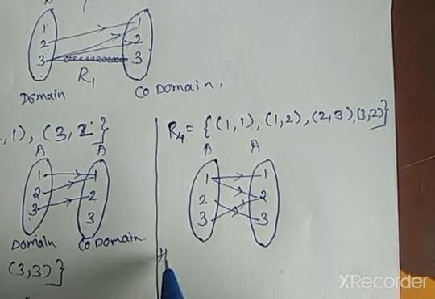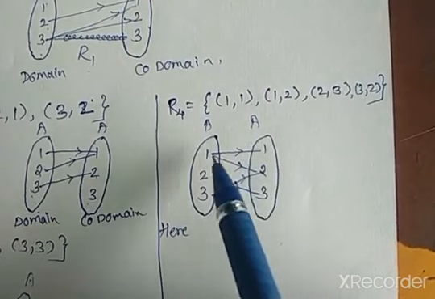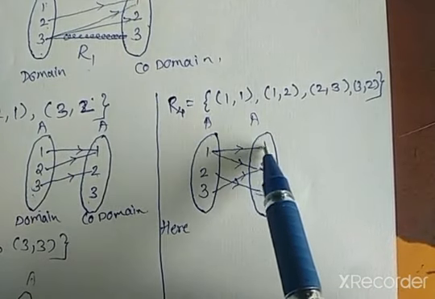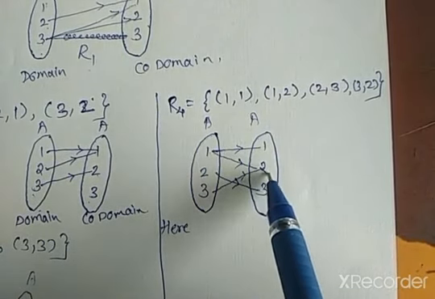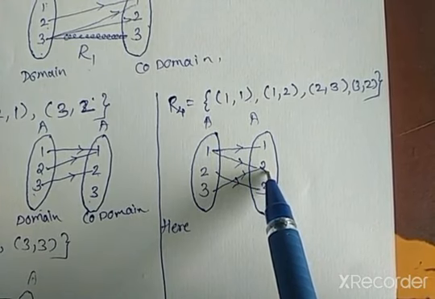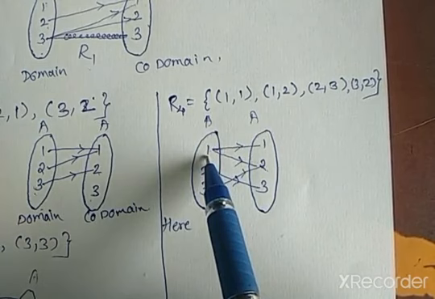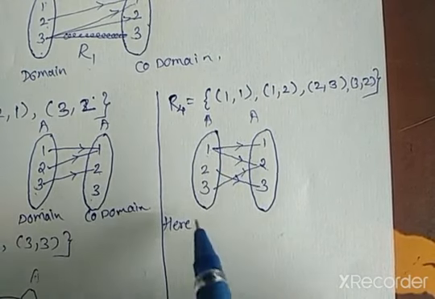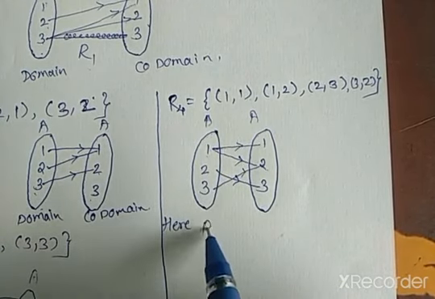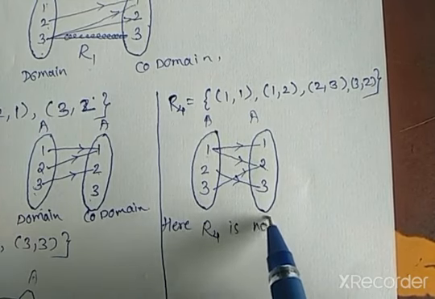If we see the arrow diagram, 1 has an image 1 and also an image 2. There are 2 images for element 1. So R4 is not a function.